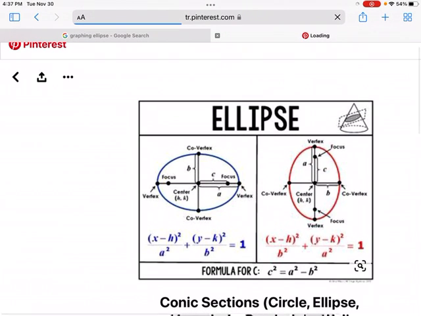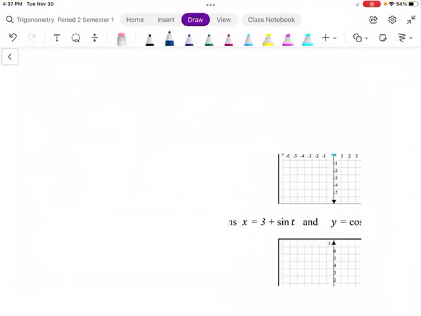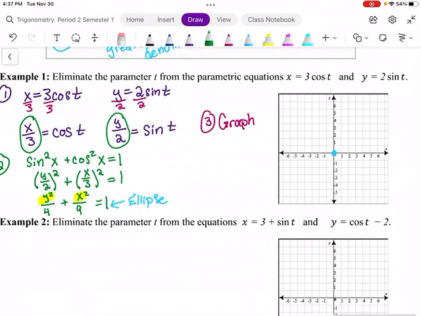In this example, the largest value is 9. So if we take the square root of 9, that's going to be 3. So from our center, we are going to go 3 in both directions to plot that point.